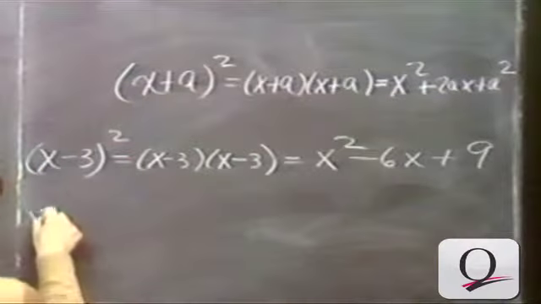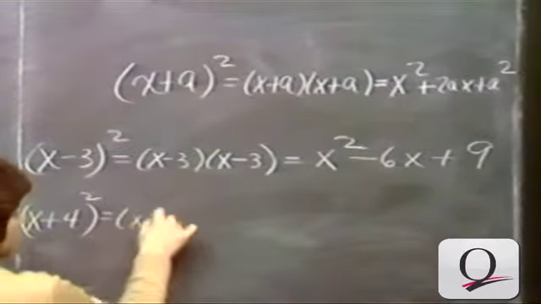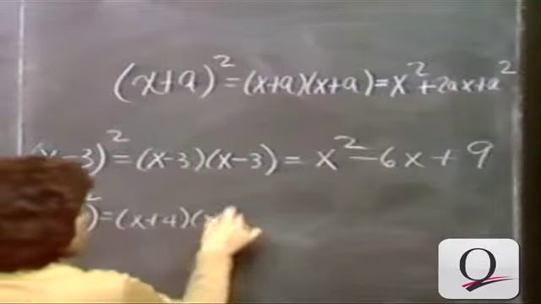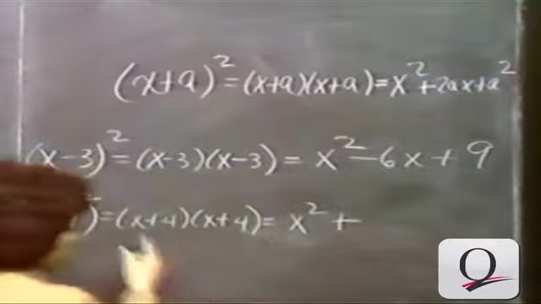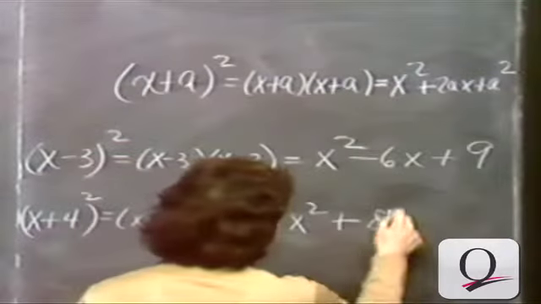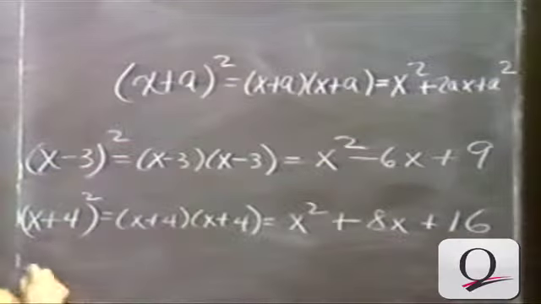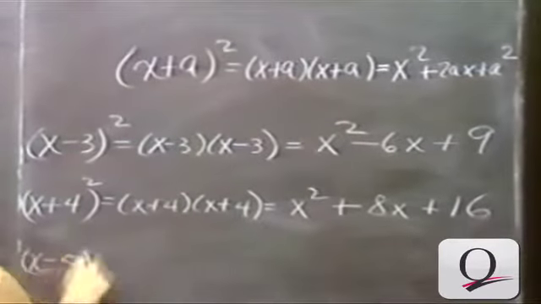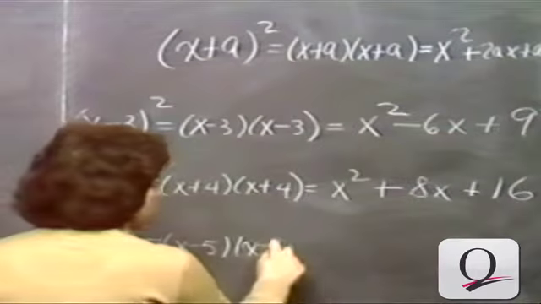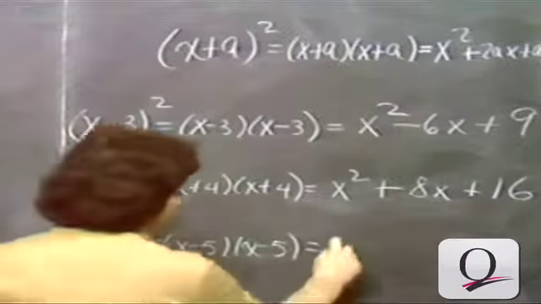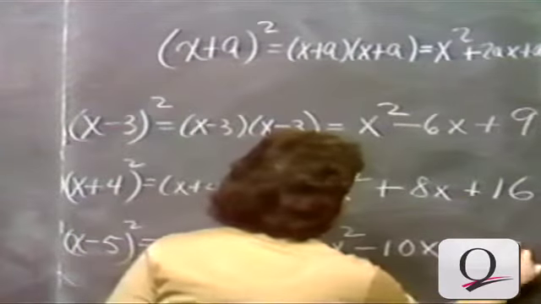If you had (x plus 4) squared, this would be (x plus 4) times (x plus 4), x squared plus 4x plus 8x plus 16. (x minus 5) squared, (x minus 5) times (x minus 5), that's x squared minus 10x plus 25.